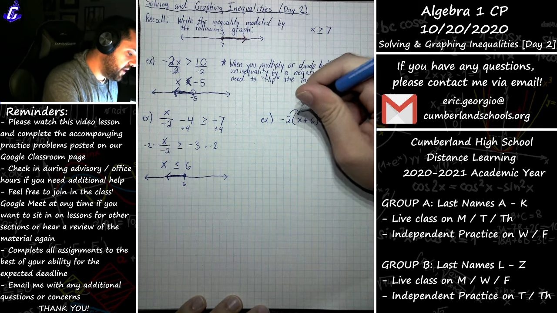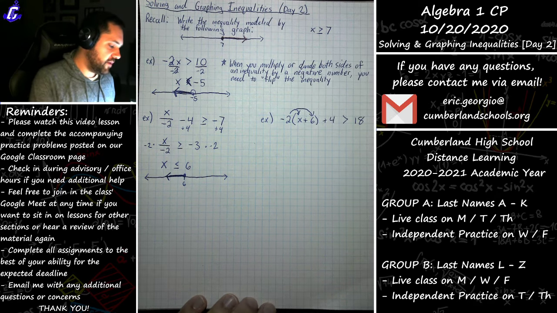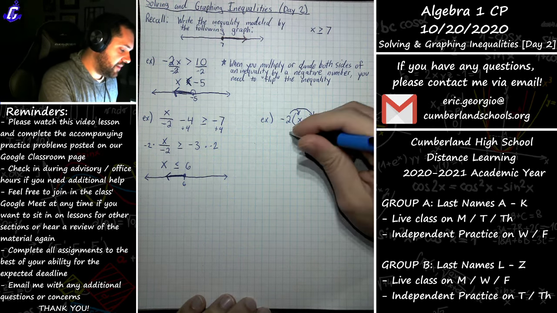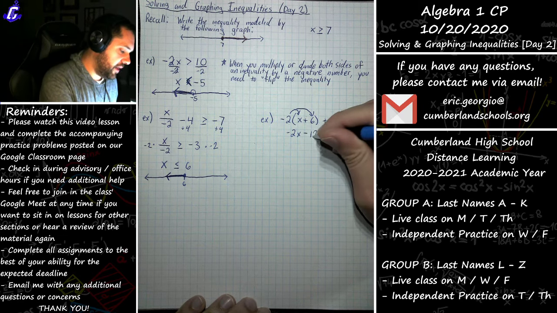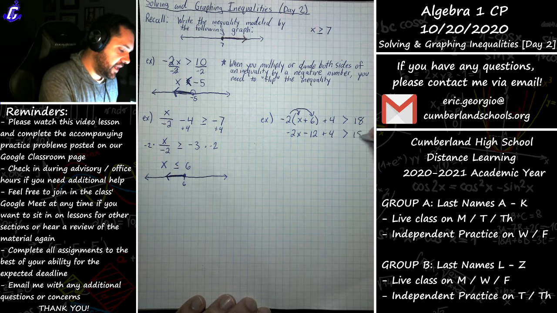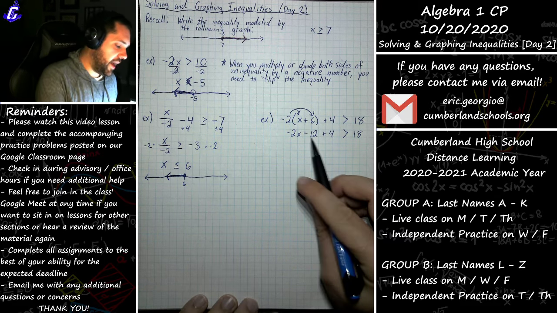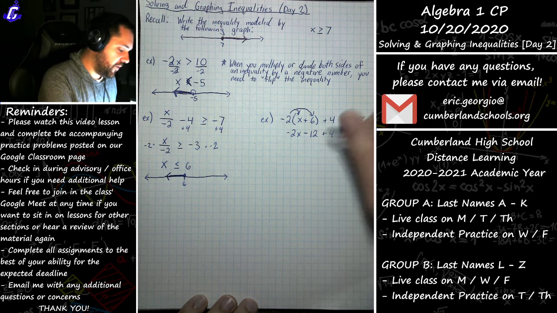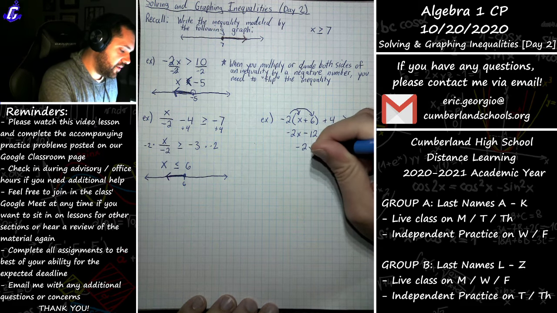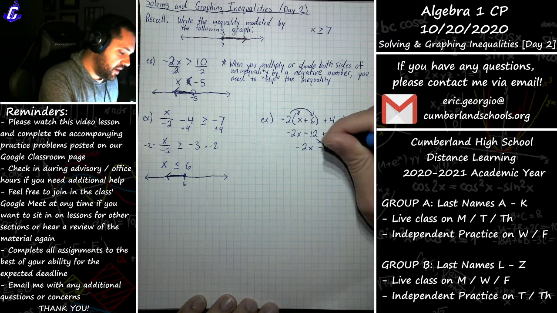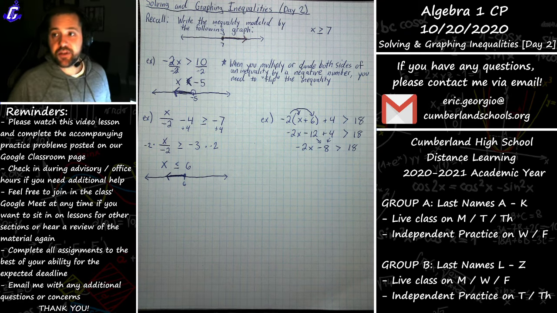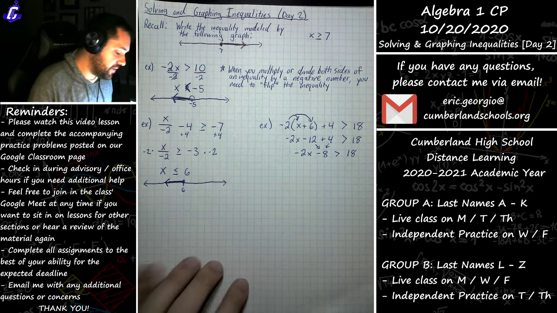We can distribute the negative 2 to both of these terms here, giving us negative 2x, negative 2 times 6, minus 12, and then plus 4 is greater than 18. Combining like terms, negative 12 plus 4 is negative 8, so that's negative 2x minus 8 is greater than 18. That should be a pretty solid idea at this point.